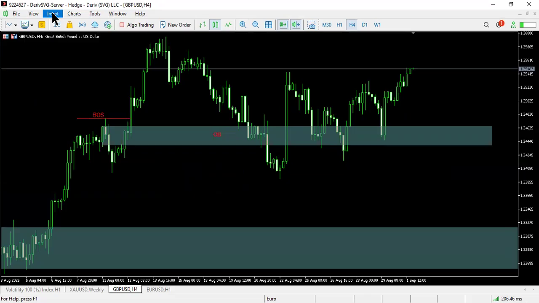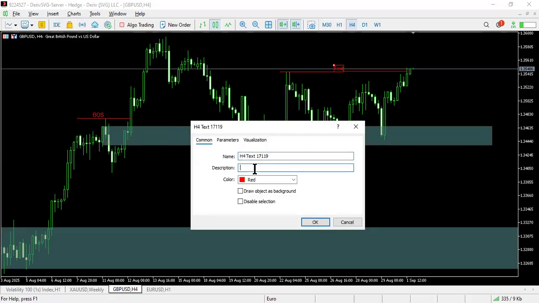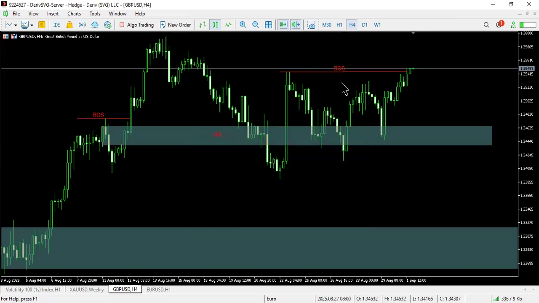And it looks like we have broken a new high. That is a break of structure. We have broken a new high.